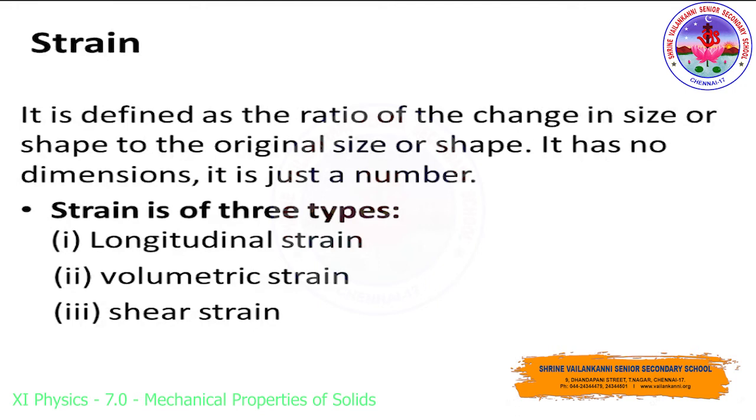So strain is nothing but change in dimension by the original dimension. That means the ratio between any dimension change produced in the body to the original dimension. And there are three types: longitudinal strain, volumetric strain, shearing strain. Understand?